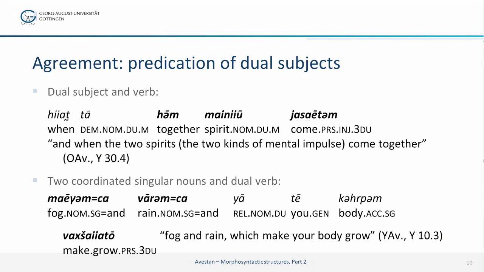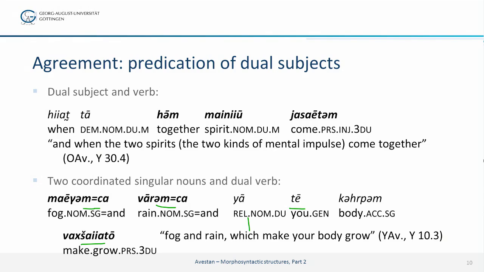Two coordinated singular nouns also take a dual verb, as in the second, Younger Avestan example on the slide. Māoŋhəmca, vāsəmca, yā tē kəhrpəm vərəzayatō. Fog and rain, which make grow your body.